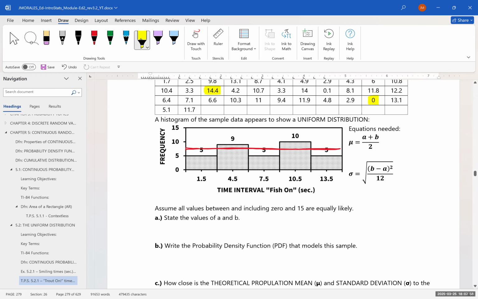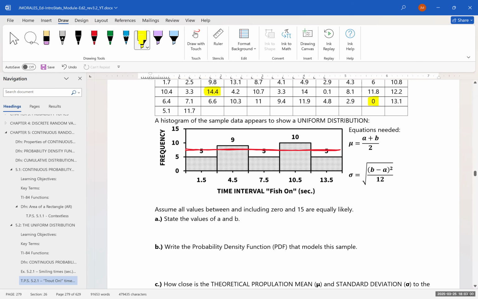All right, so assume all the values between and including 0 and 15 are equally likely. Because we have a minimum of 0, we're going to have 0 here as our minimum value. And we've got 14.4. We could have used 14.4, it wouldn't have been wrong, but we're just going to make things simple and make it 15 up here.